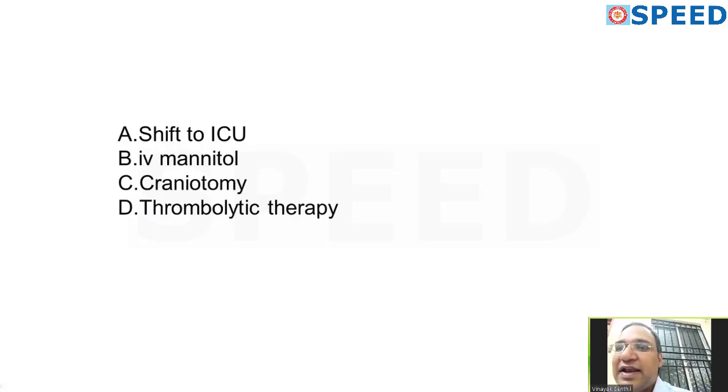The next step would be anti-edema measures and prepare the patient for craniotomy. The best management is craniotomy, no doubt about it. If they ask you, the next step is anti-edema measures. Is it clear? If it's going to be the next step, it is to be mannitol. If it is going to be the best management of choice, it is craniotomy. So that is the difference.